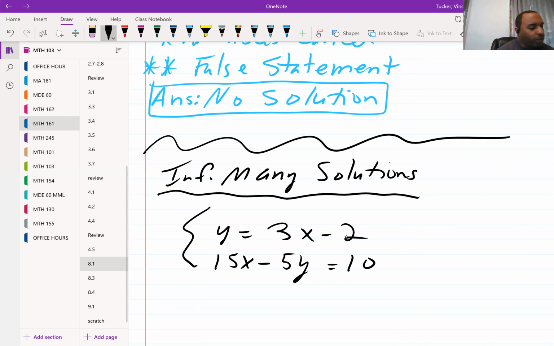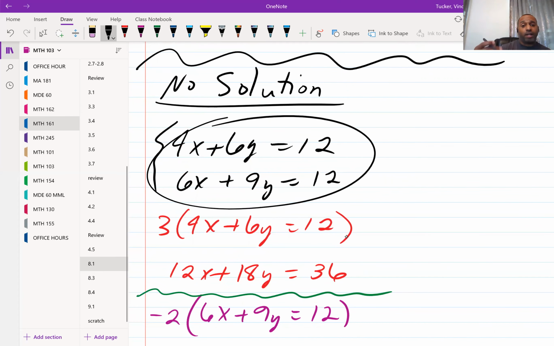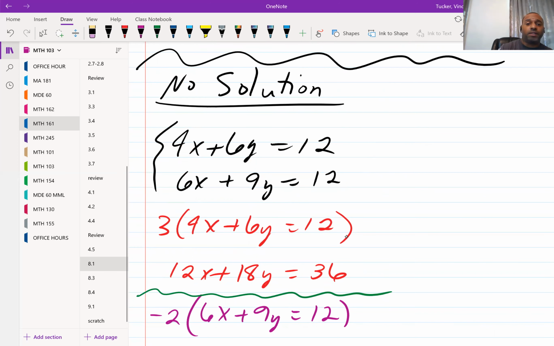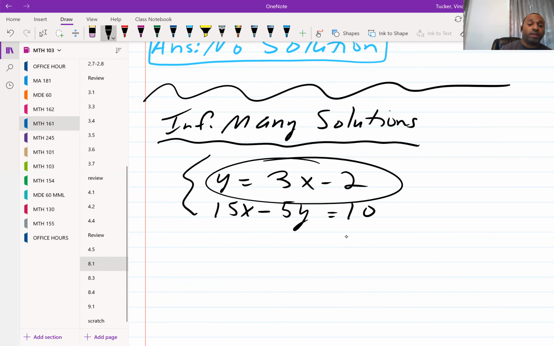We have y equal to 3x minus 2, 15x minus 5y is equal to 10. So a lot of times which method you choose will be dictated upon what you're given originally. If you look at what we have here, this was pretty much set up to do solving by addition. Nothing really easy to solve for here. Here though, this one is already set up for substitution method. We have y equals to 3x minus 2. So I will go ahead and go with that.